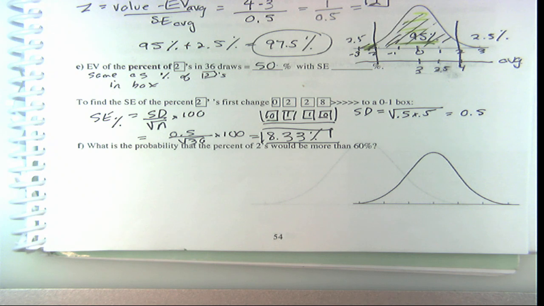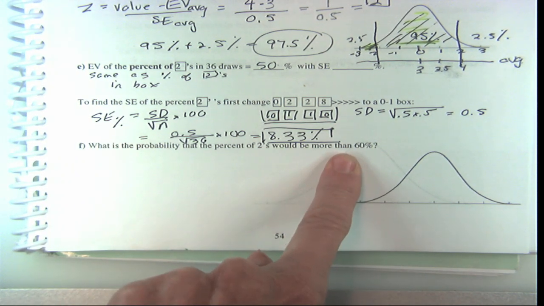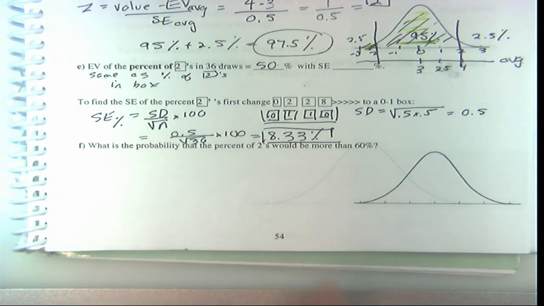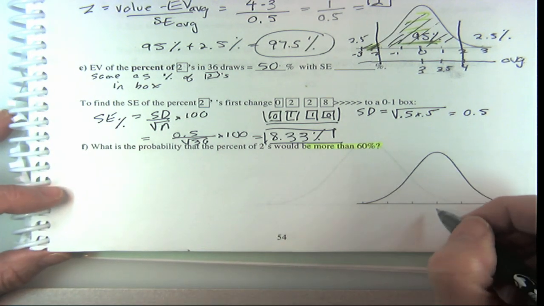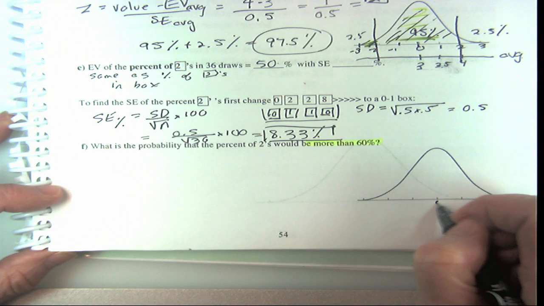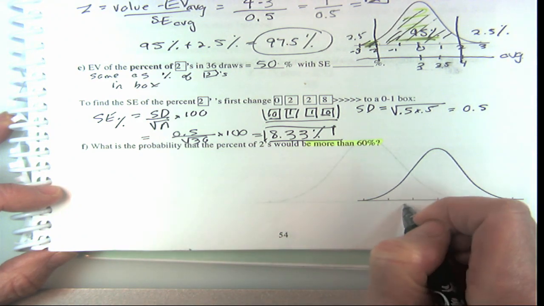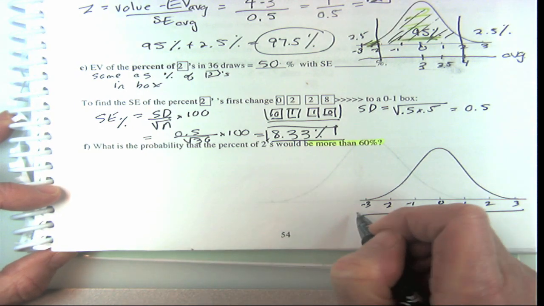And now, here's our value right here. We want the probability that the percent of 2's is more than 60, right? So let me just draw this again. And here is a percent.